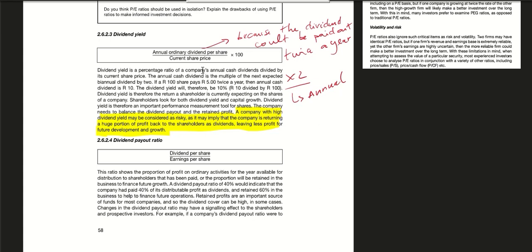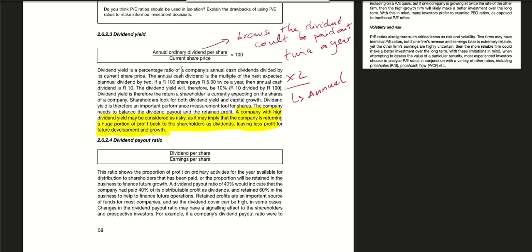So in this example, quite a straightforward one, we take the annual dividend per share of 10 divided by the current price of 100, multiply by 100, which gives us 10%. So we can say that the dividend yield is 10%, right?